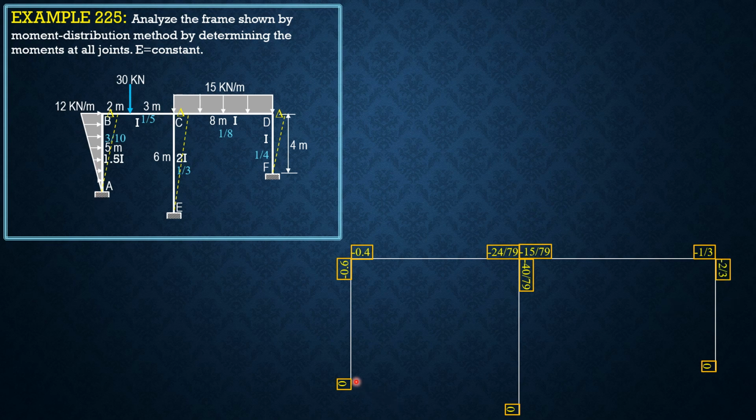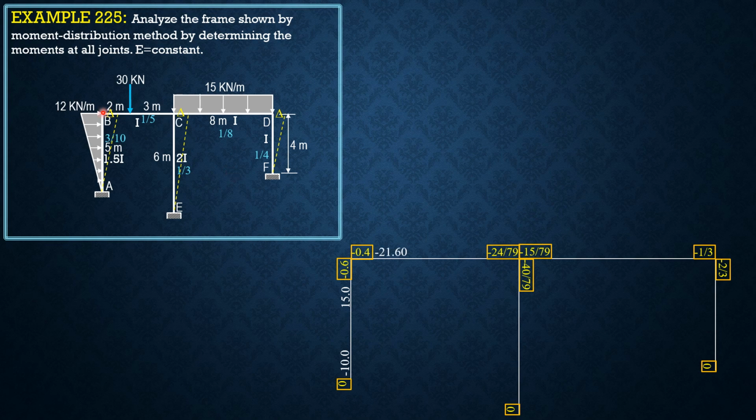For the fixed end moments at A, negative W L square over 30: negative 12 times 5 square divided by 30, that would be negative 10. For BA, positive 12 times 5 square over 20, so that would be positive 15. For this member BC, negative 30 times 2 times 3 square over 5 square is negative 21.6.